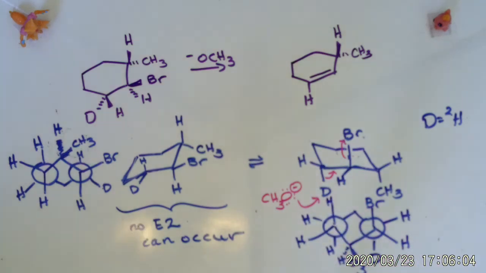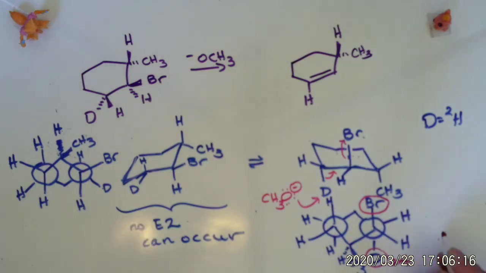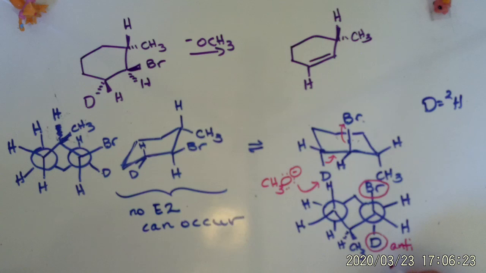Okay, what we're most interested in is this part. The deuterium and the bromine are now anti-coplanar. And we can now do an E2.